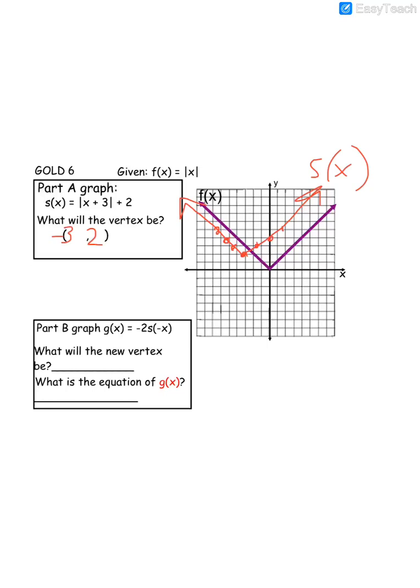So this time you have two things going on. Actually, three, really. So we have a -2 times s of negative x. The negative sign inside the x tells me that it's reflecting over the y-axis.